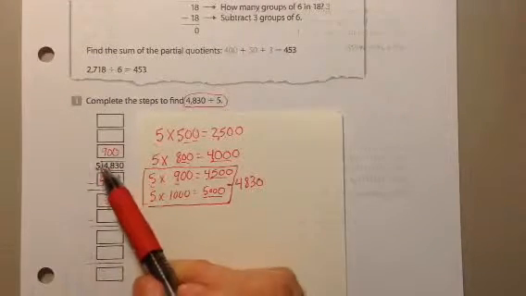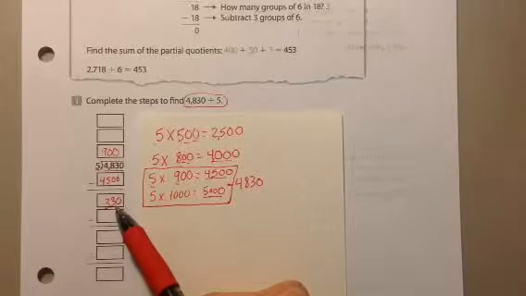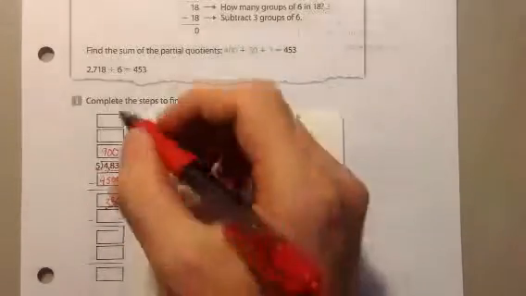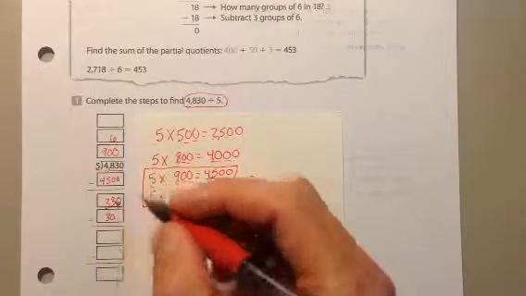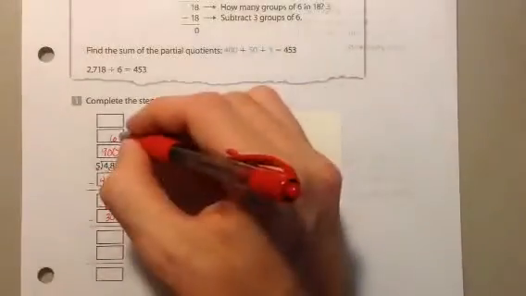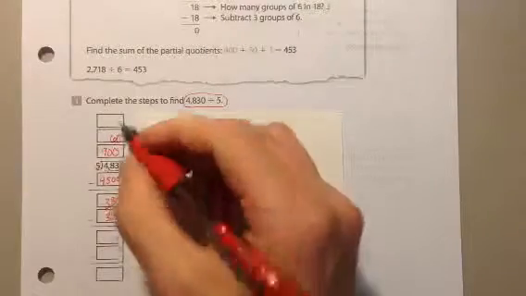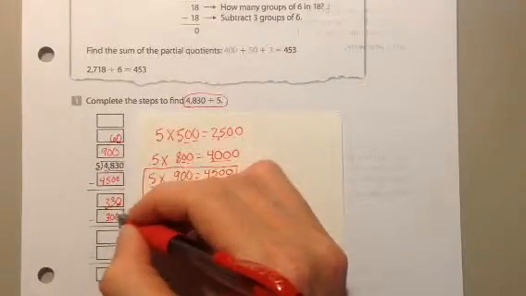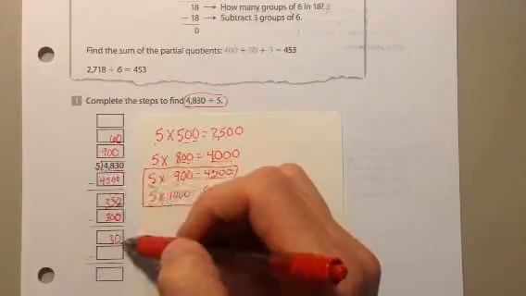I can think of 5 times what's going to get me close to 33. Well, 5 times 6 is 30, but I have a 0 down here, so I can add a 0, which makes this 60. Now if I check that work, 6 times 5 is 30, and I have an additional 0 here, so I can add my 0 there. Subtract like normal, and I'm left with 30.